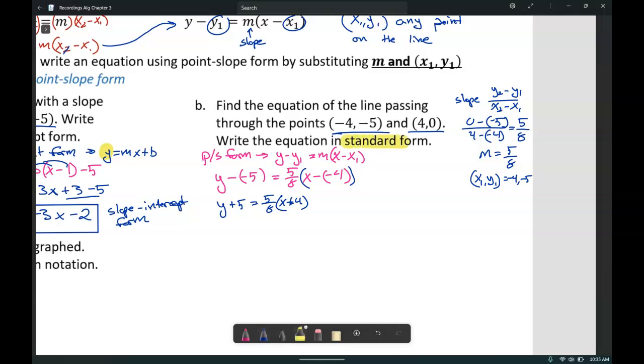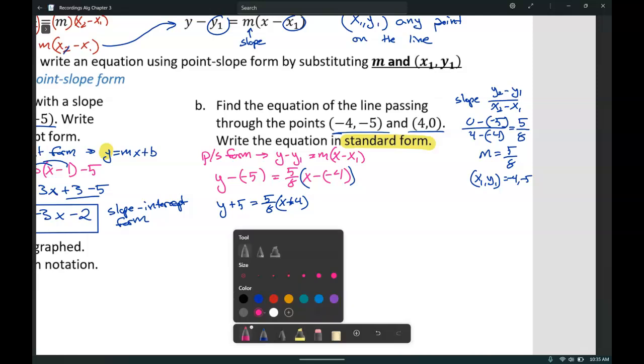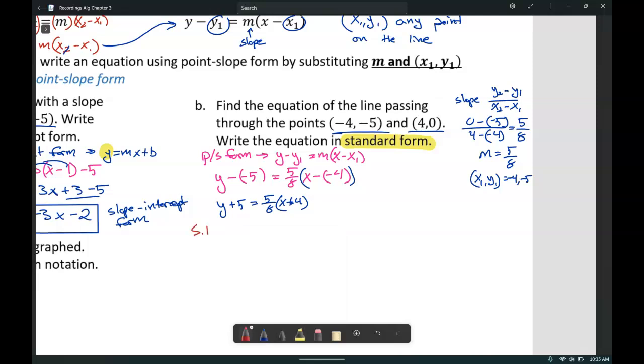Now in order to get into standard form, it needs to match the format ax plus by equals c. Some of the common traits for standard form are that x and y are on the same side of the equation. X is going to be first, and we typically like x to be positive.